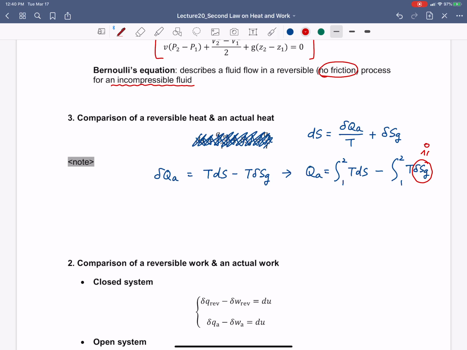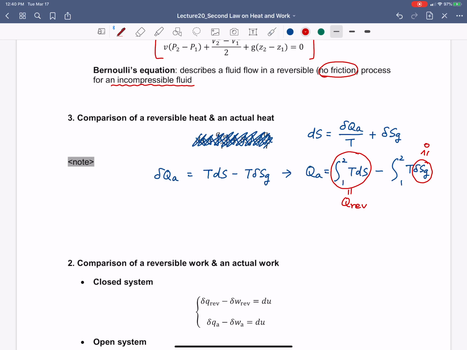From the previous discussion, what we learned is that the first term of this integration is basically the same as the reversible heat transfer. And now, what you can see from this equation is that your actual heat transfer is the amount of reversible heat transfer minus a certain positive value, because we have δSg, which is positive, and its integration from state 1 to state 2.